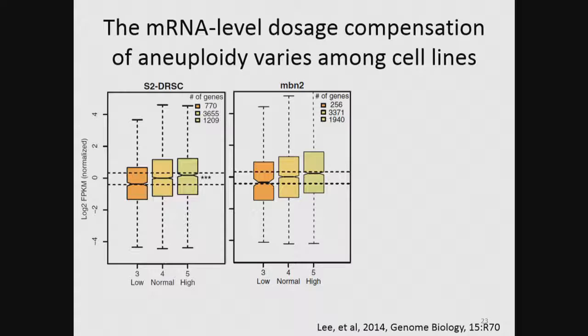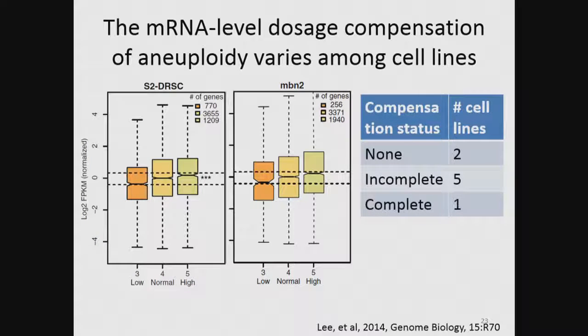But for another cell line, there is no compensation at all at the mRNA level. And to summarize that study, analyzing 8 cell lines, we can see 2 cell lines have no compensation at the mRNA level at all, just like the second panel. And there are 5 like the first panel. And there's a complete compensation at the mRNA level.